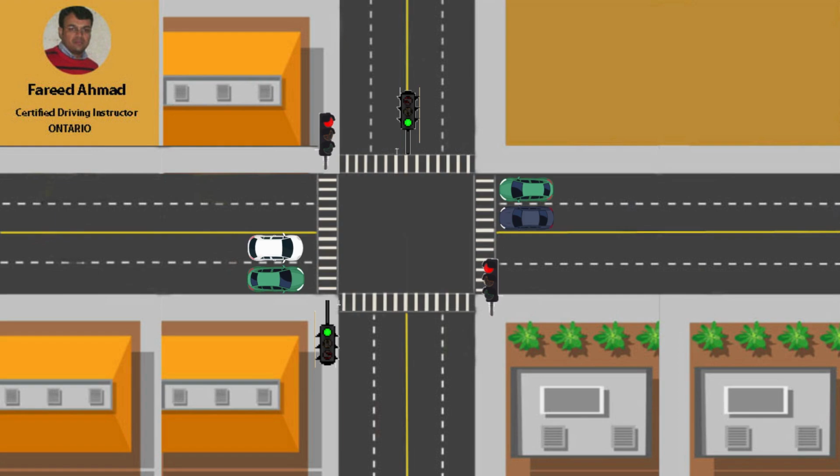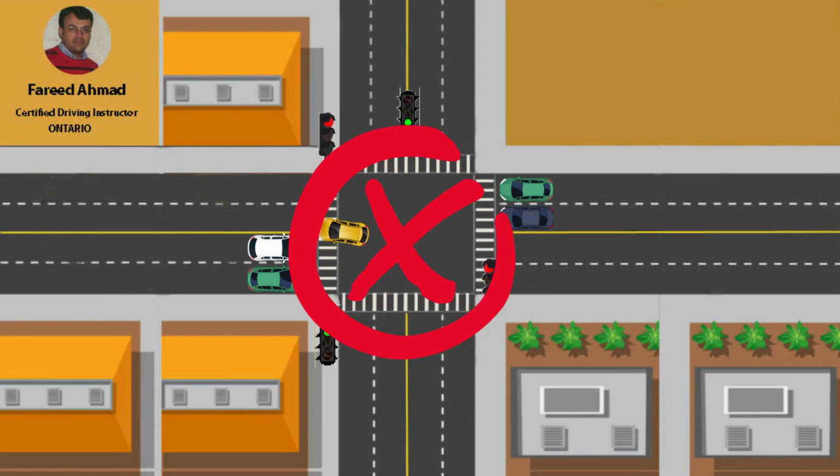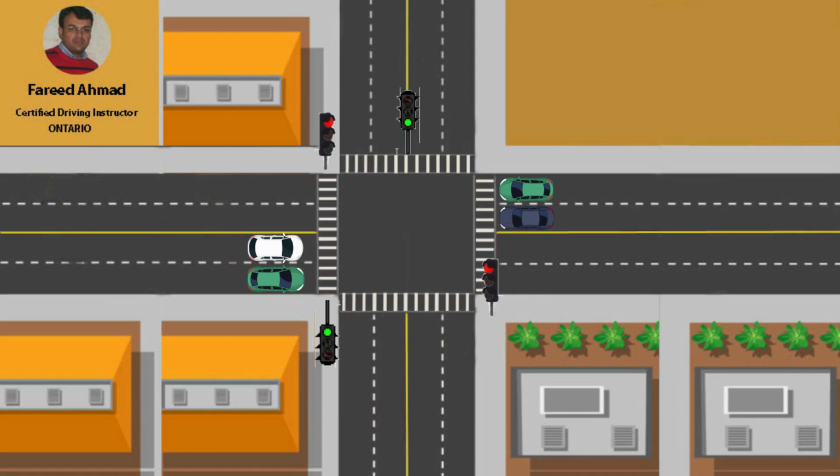Now we will look at the common vehicle position rules. Vehicle position rule number 1. Whenever you take a left turn, always try to turn from the middle of the intersection. If you start turning the steering right after the median, it could be considered a short turn without proper observation of traffic and pedestrians.